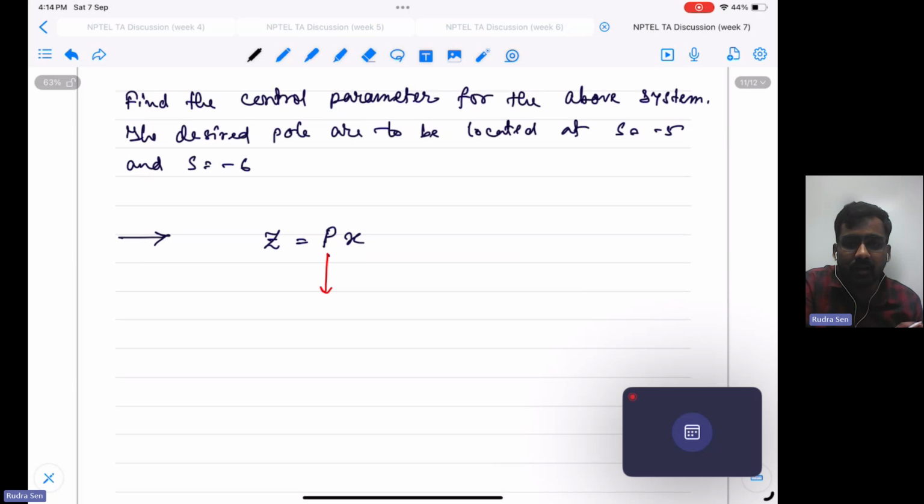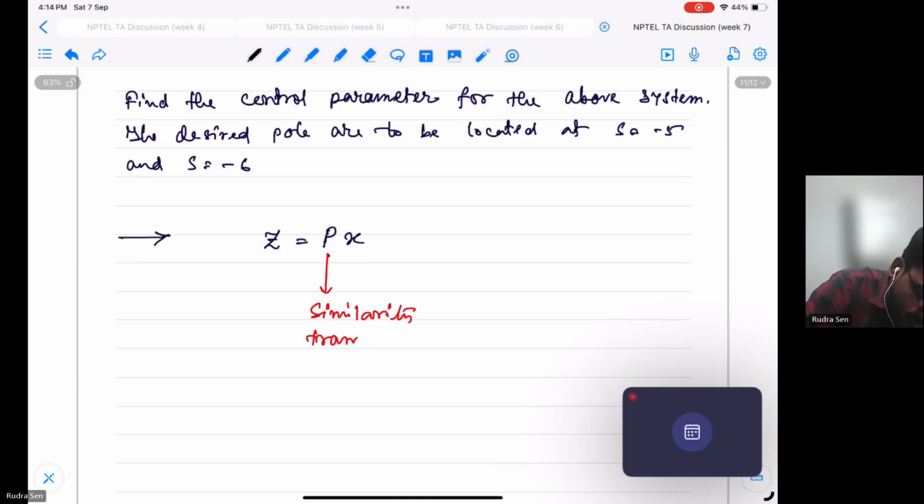Similarly, we have seen how we do the similarity transformation. This is the similarity transformation matrix, right?